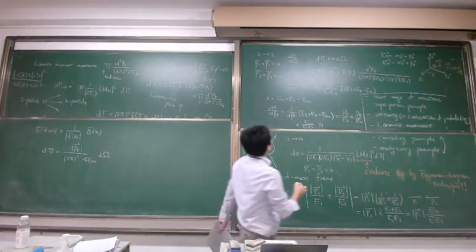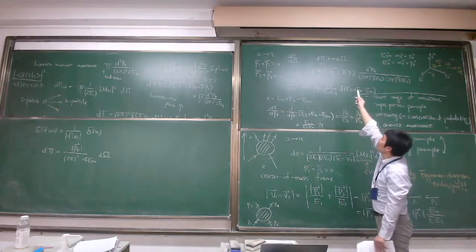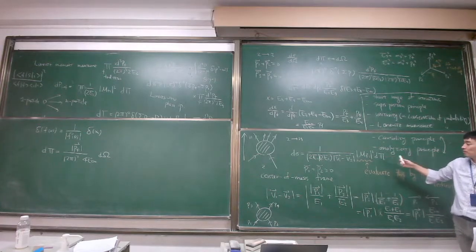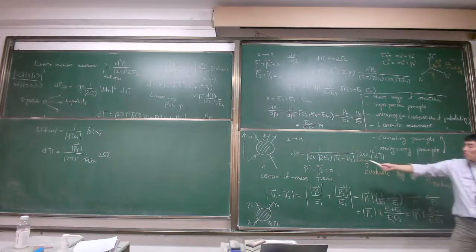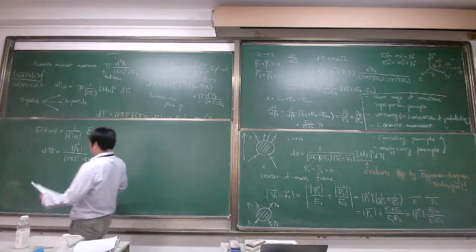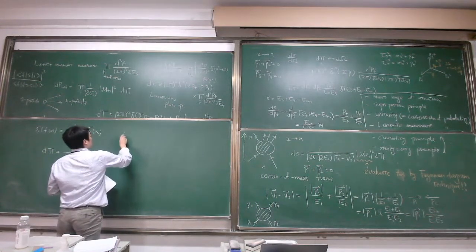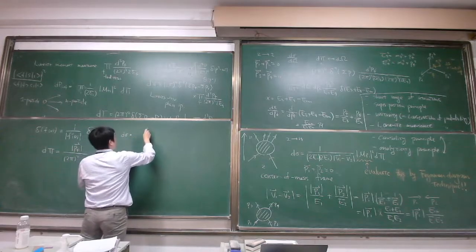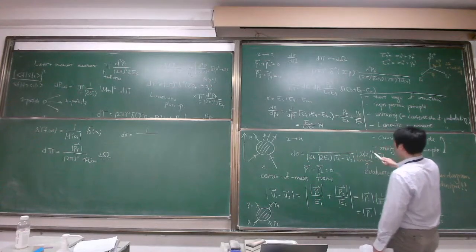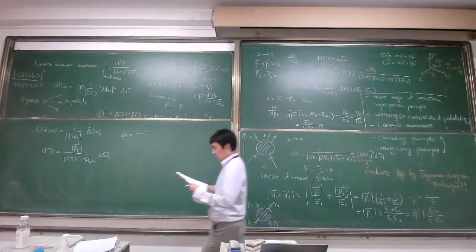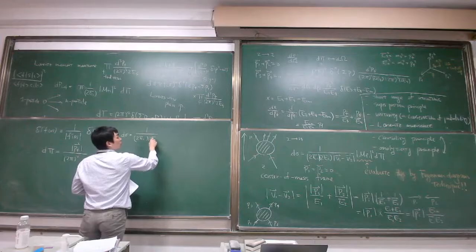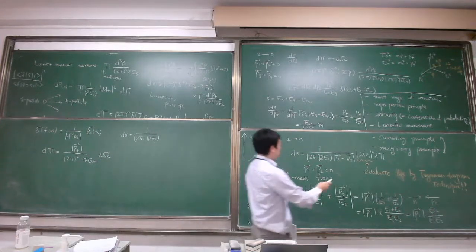Okay, so now we have the relation between d pi and d omega, and we just need to plug this one into here. We know the B1 minus B2 is this guy, and d pi is this guy. So let's write down d sigma is equal to 1 over 2E1 2E2, and now we plug this one into here.